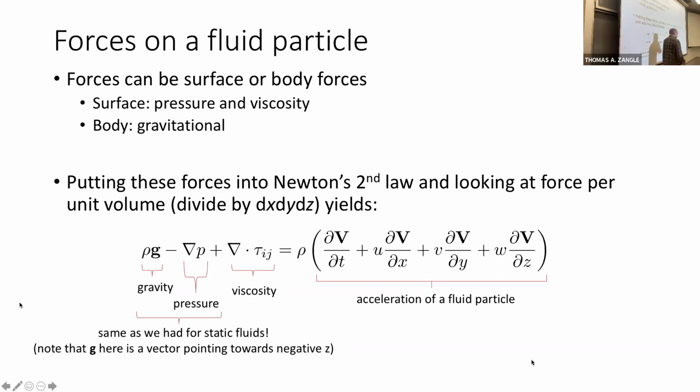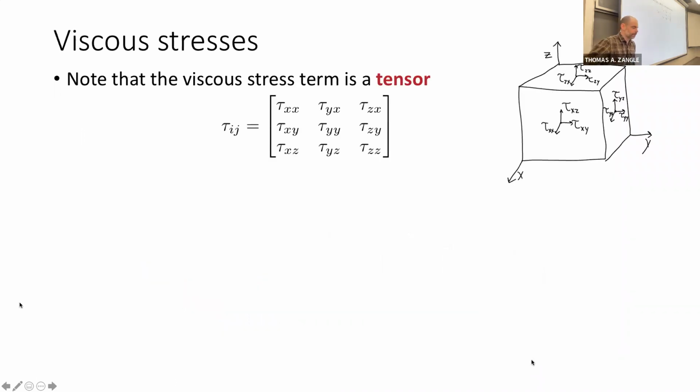That's the acceleration of a fluid particle. We have to deal with this viscous stress term. One thing to note, as it's written here, this is a tensor, which is like a super vector.